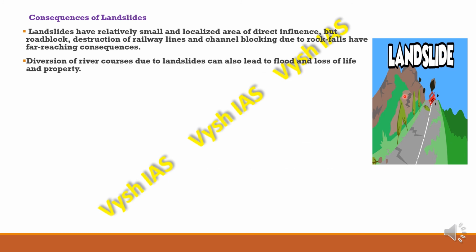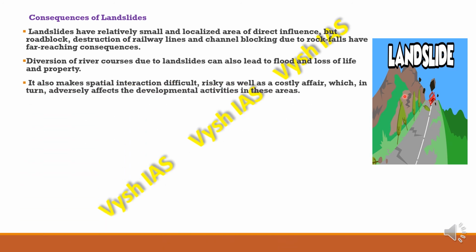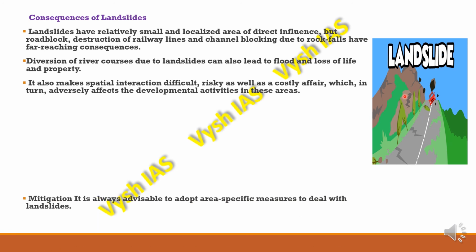And then diversion of river courses due to landslides can also lead to floods and loss of life and property. So it also makes spatial interaction difficult and risky, and it will become a more time consuming and expensive matter. So this will in turn adversely affect the developmental activities in these areas.